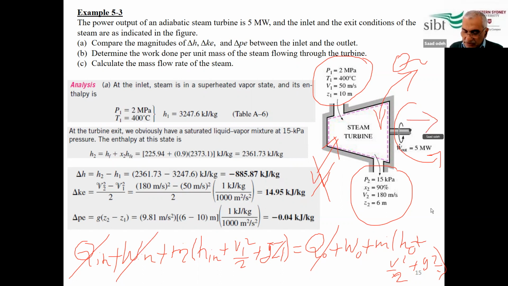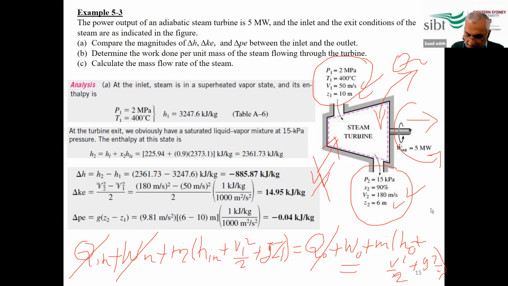Yes, because there's a shaft work here. So I have to keep W out. And for example, all the velocity and Z. So we have Z, we have velocity here in both sides. So I have to keep them. Although I know that these terms are quite small, I need to keep them.